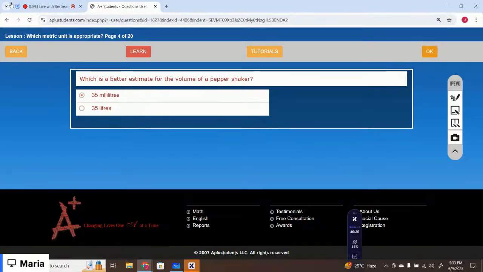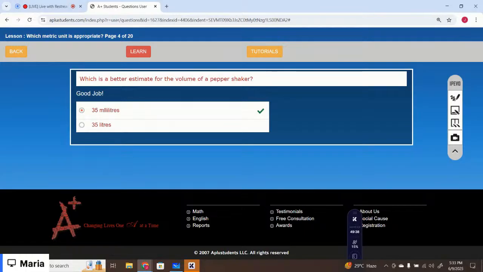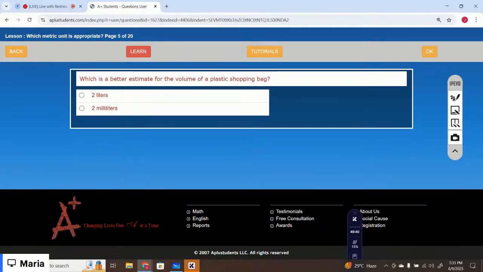That is 35 millimeters. Option number one is the correct option. Which is the better estimate for the volume of a plastic shopping bag? That is 2 liters. Option number one is the correct option.